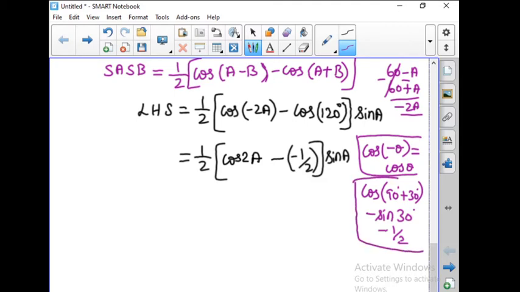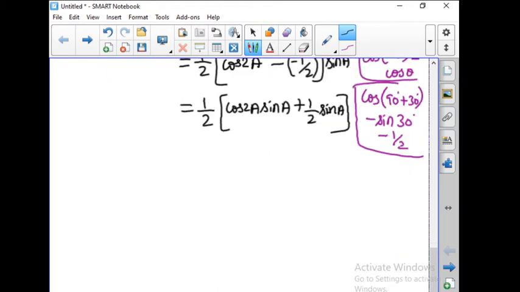So you have to be very clear with all this, then only the sum will be easier for you to understand. 1 by 2, now I bring cos 2a sin a inside. Minus into minus becomes plus 1 by 2 sin a. So we are getting 1 by 2 cos 2a sin a plus 1 by 2 sin a.